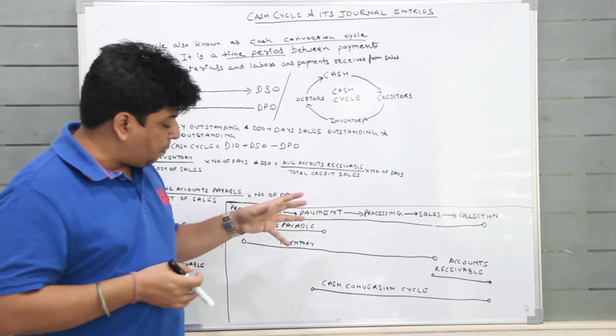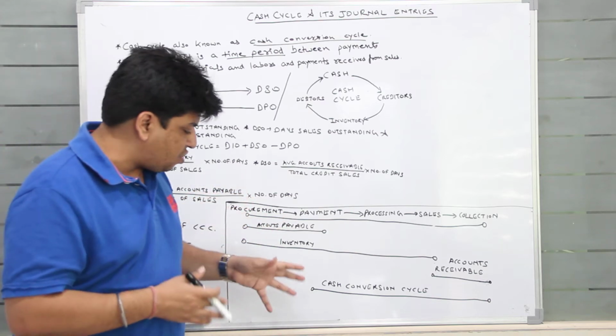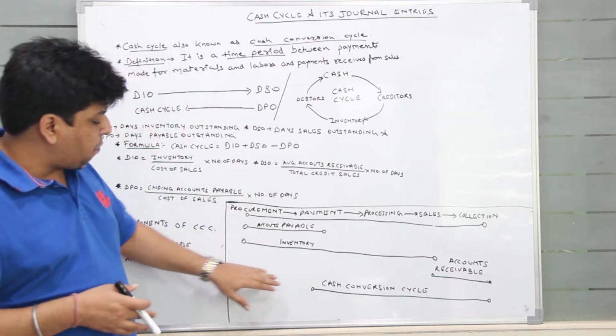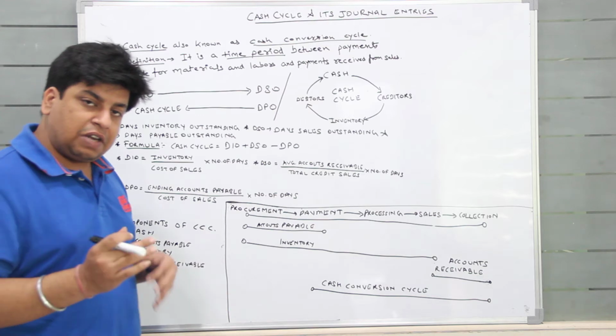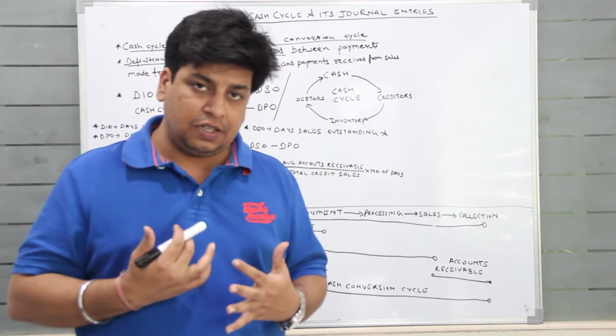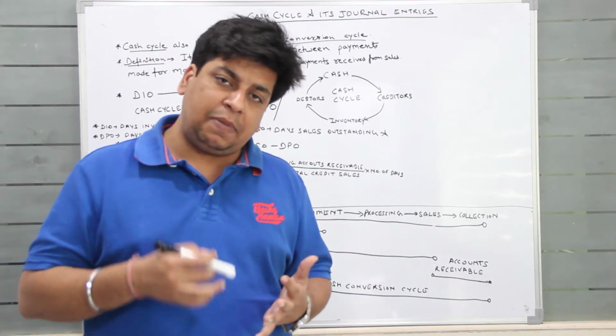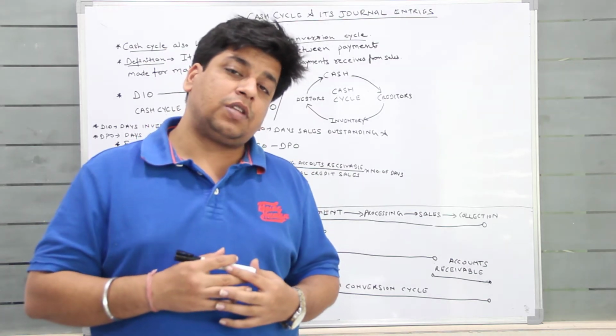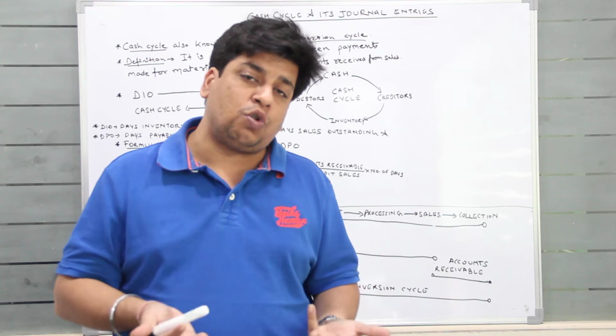Now if we pay a little bit of attention here, we'll see that during the procurement stage, when we have purchased goods from our vendors on credit, till the time we are making payment to these vendors, cash doesn't play any role.